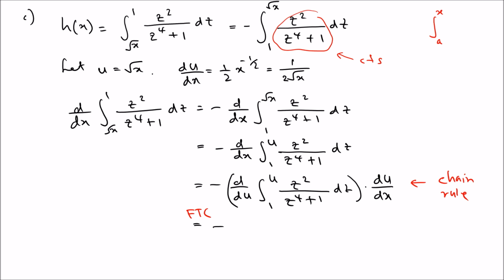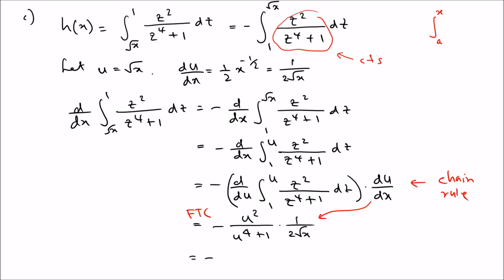So that means you can replace z by u. So that means it's going to be u squared over u to the 4th plus 1 times du/dx. We already found it is 1 over 2 square root x. So we plug in for that. Now replace u by x.